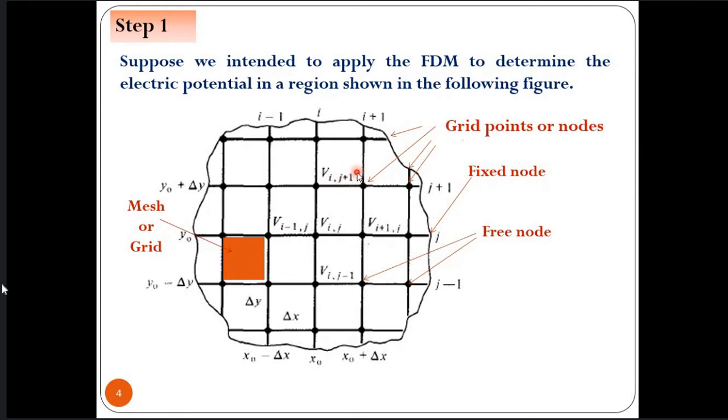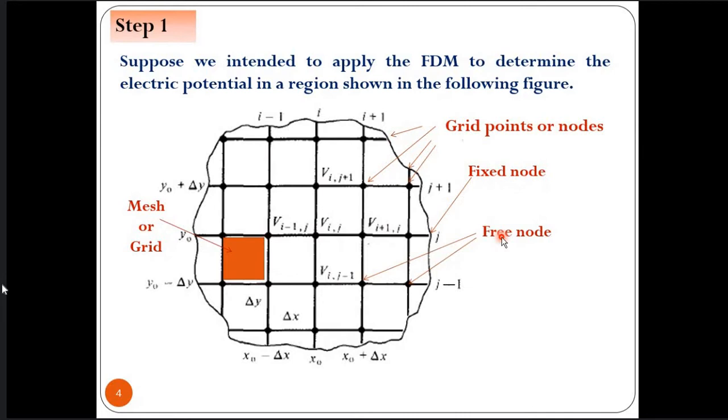i is the variable along the x-axis, j is the variable along the y-axis. So it will be Vi,j plus 1, and the potential at this point will be Vi,j minus 1. Clear?